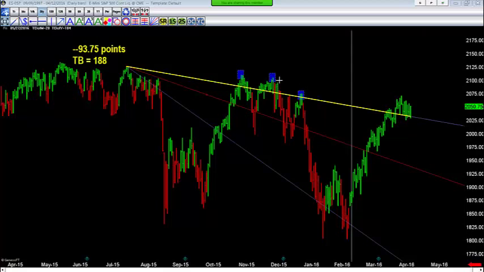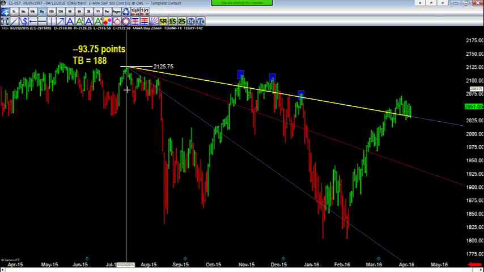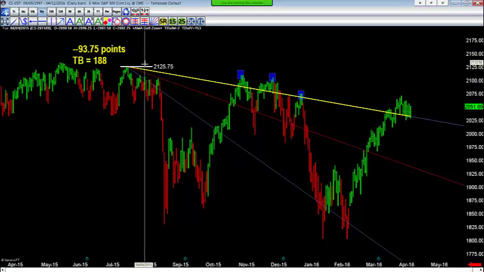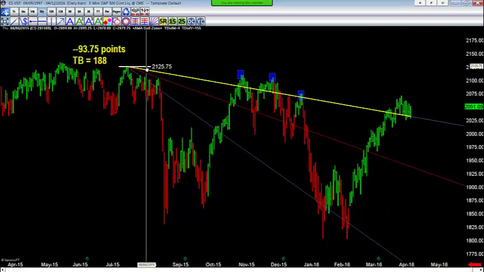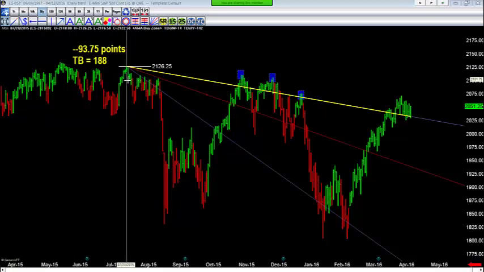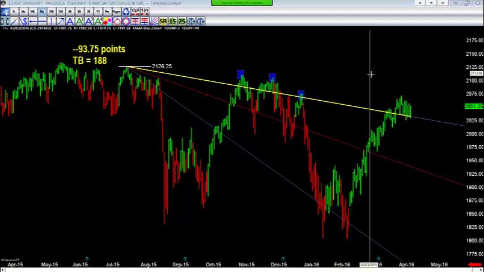I get 94. This high price, again, I do it manually because I can't quite get my cursor, the SR tool, exactly right on that line. This price is 21.26, I believe it's 25, yes, 0.25, minus 94, and I get 20.32 and a quarter.